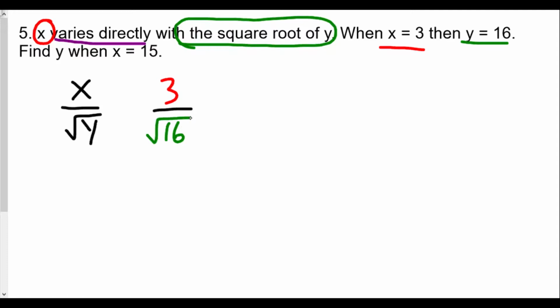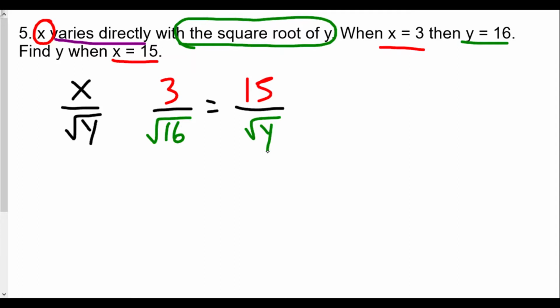So we would have 3 over the square root of 16. Now we want to find y when x equals 15. So again, in the numerator, because x is a numerator, we have 15. And we want to find the value of y. But remember, it's the square root of y. We take the square root of the y value.